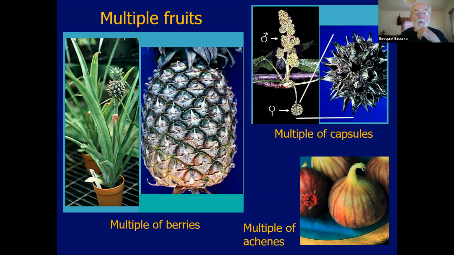Here you have, of course, the pineapple, that is basically an aggregation of berries. Here you have the sycamore, which has an aggregation of capsules, and finally the figs, which are an urn, a closed structure with an entry at one extreme where the wasps can come in and out, and inside, when it ripens, it has a multiplicity of achenes.